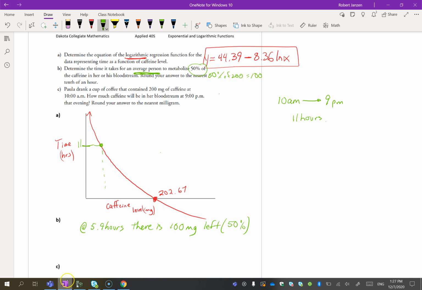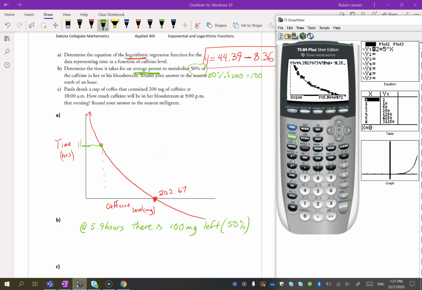Okay, and the easiest way to do that, I think, for us is to go to y equals, and let's put in another line at y equals 11. Okay, so if I graph, this is 11 hours, I can see that I would want to know what that value is there. So let's go to second calc, and I'm going to go to intersect, and yes, I want the first line, yes, I want the second line.